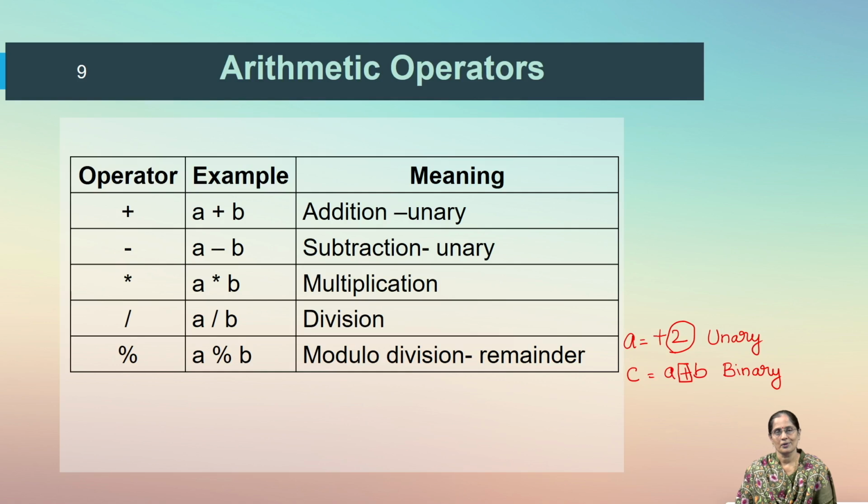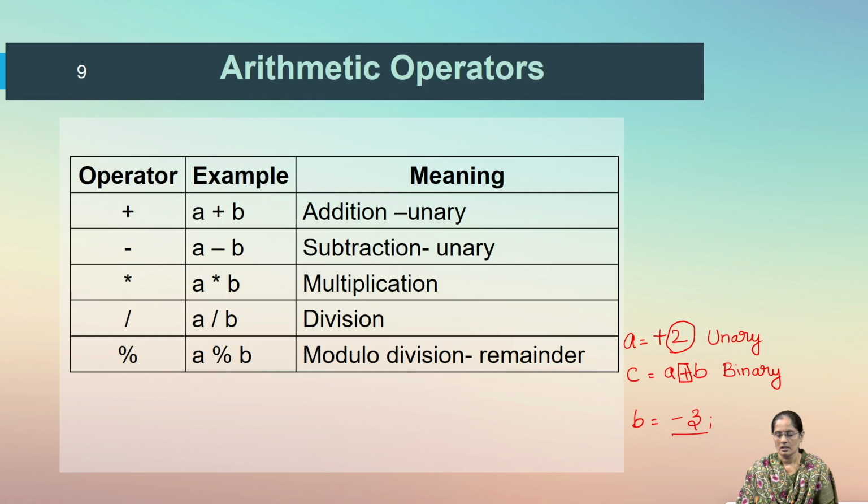Similarly, the subtraction operator can also be considered as unary as well as binary. It can be treated as unary if we are trying to assign a negative value to an integer type variable. In this case, it negates the value of plus 3 and it is treated as unary.